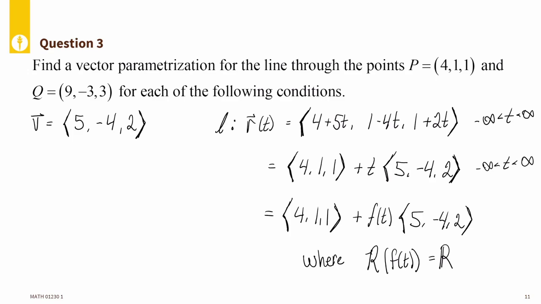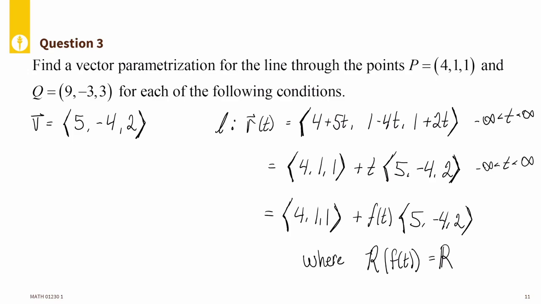Wait, so why are you adding P onto that at the start, like 4 plus 5t? What's the parameterization of a line? So that's what it is: x naught plus at, y naught plus bt, and z naught plus ct.